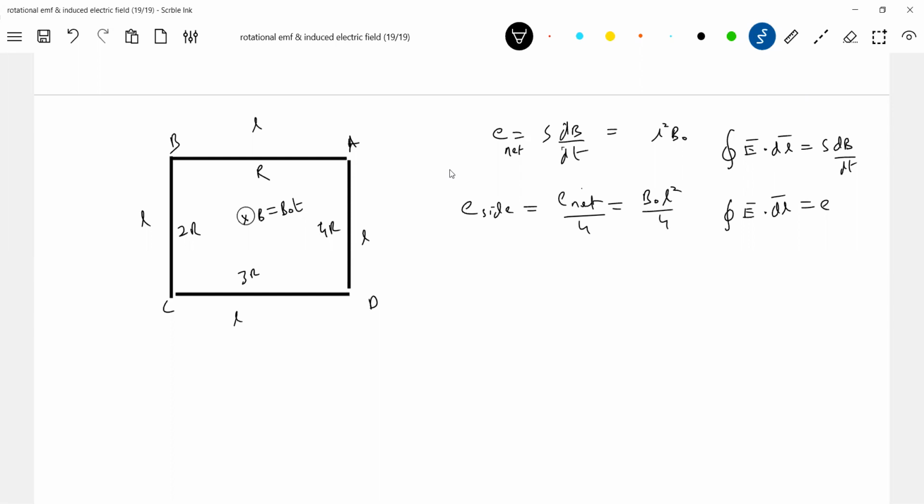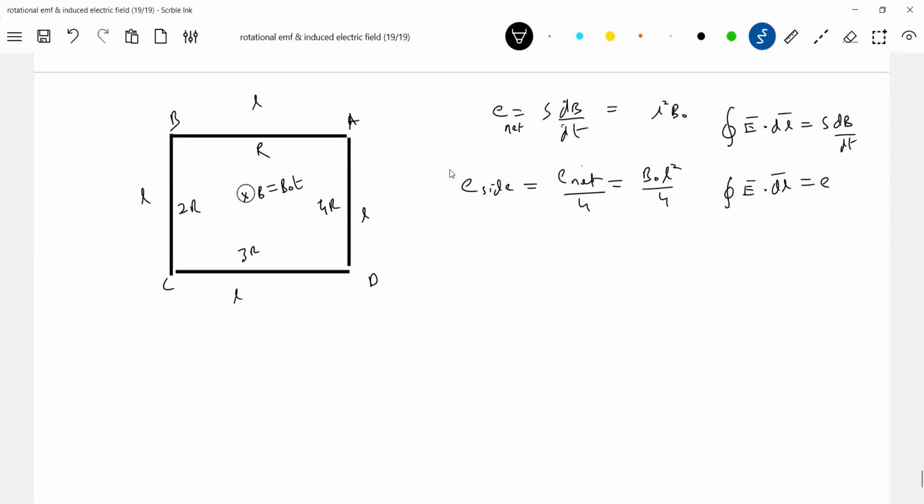So what you should do is not bring this cell anywhere. In each side, you should introduce a cell. Then according to Lenz's law, the direction of the induced EMF: the flux is increasing, so d phi by dt is positive, and the EMF induced is in the opposing sense. Therefore I'll give polarity like this.